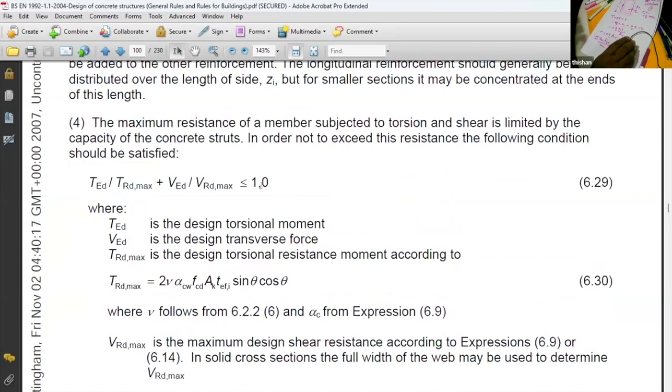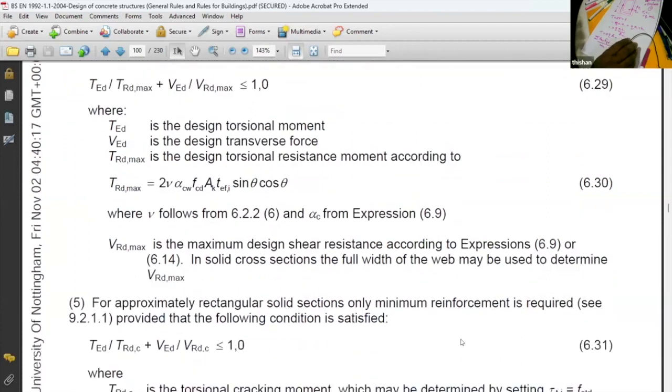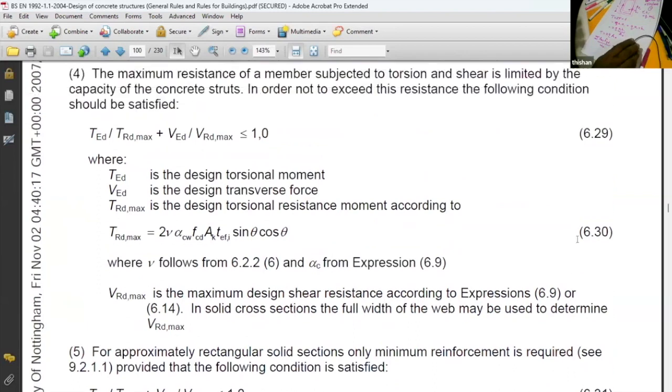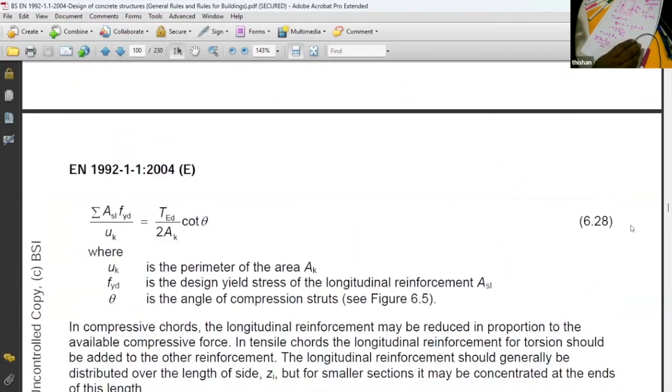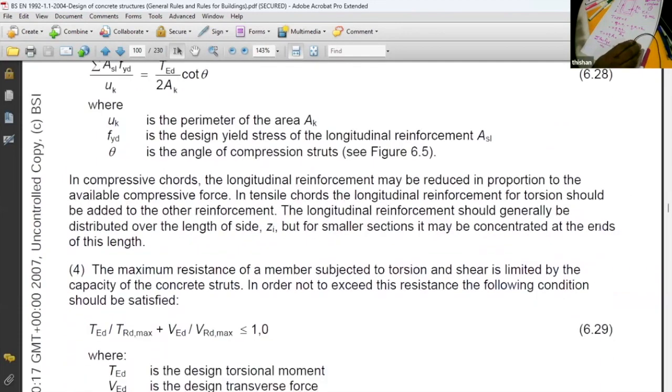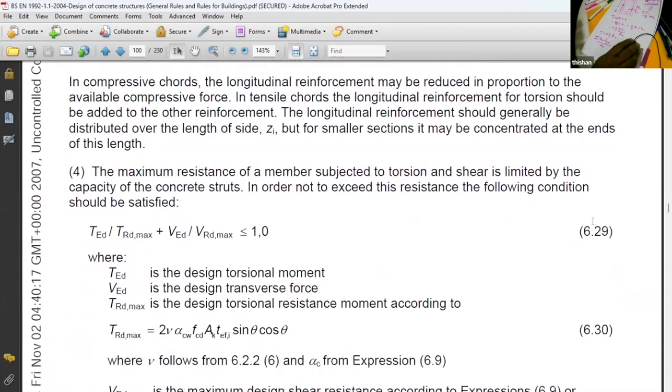So the equation that is used is 6.29. We generally don't do 6.31. 6.31 is a fundamental condition that is given. And so the two equations that we use are 6.29 and 6.30. And we'll be using 6.28 as well. So there are three equations that we can use. This equation is to find the longitudinal reinforcement. These two equations to find whether the section is adequate.